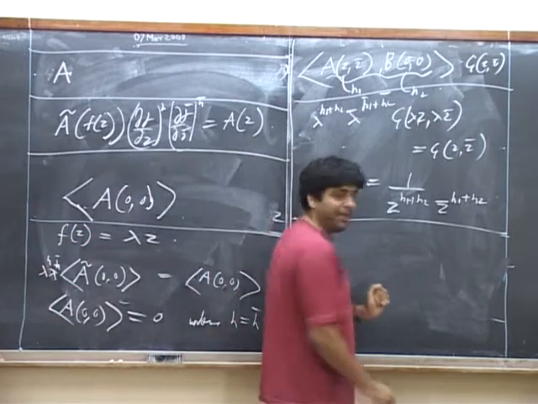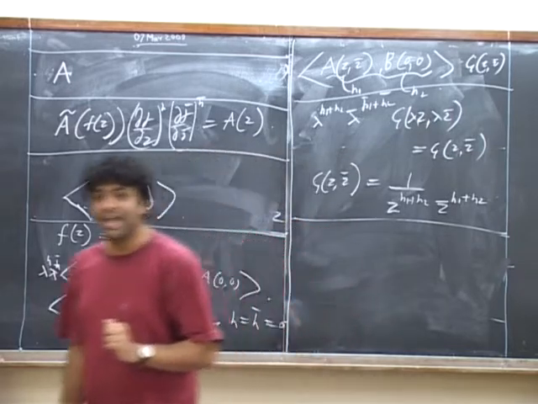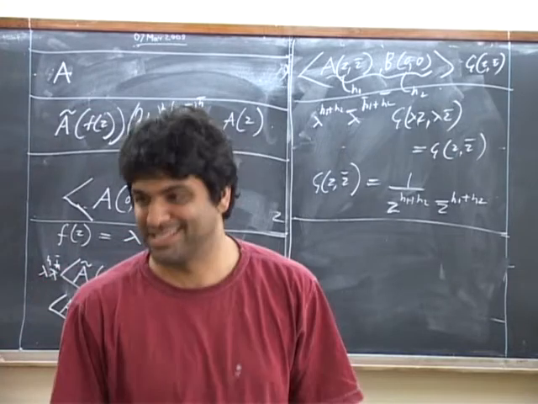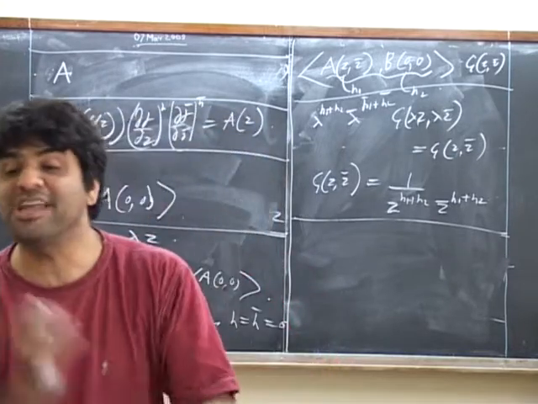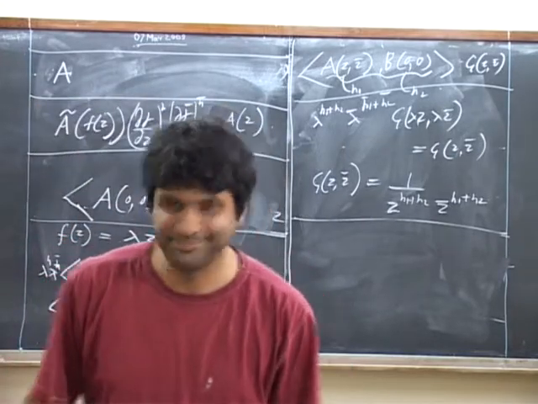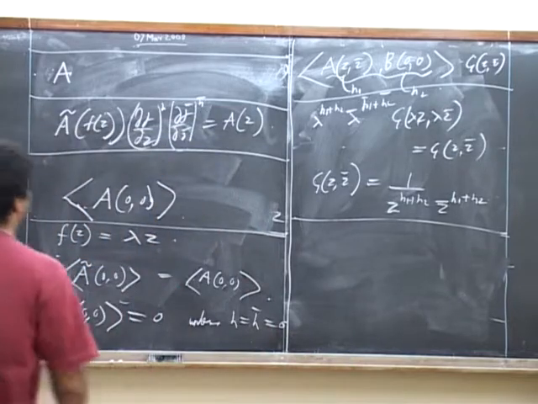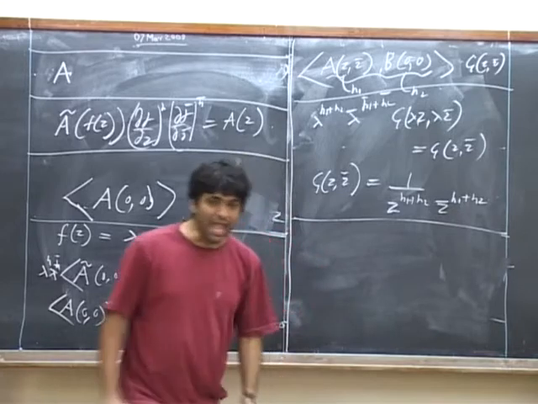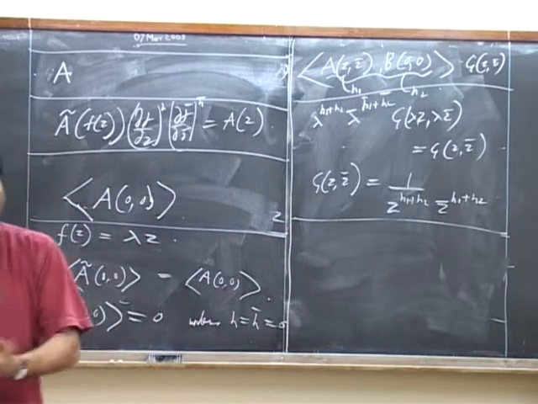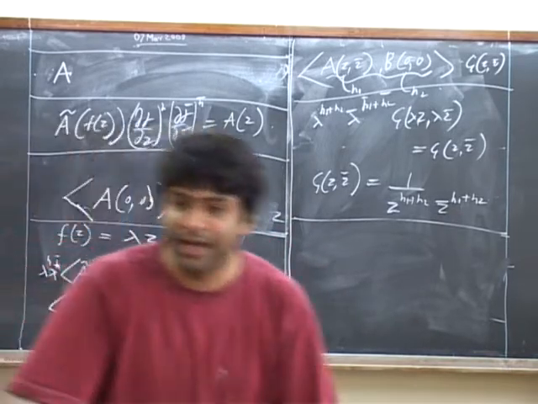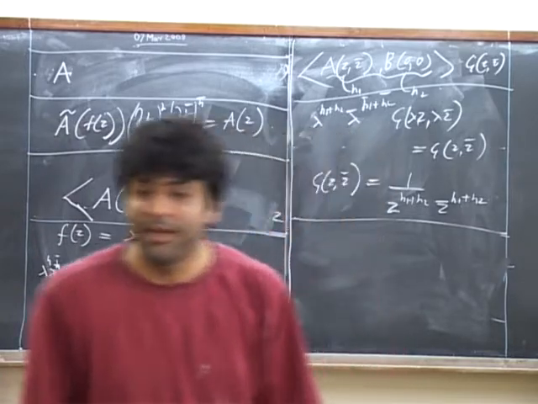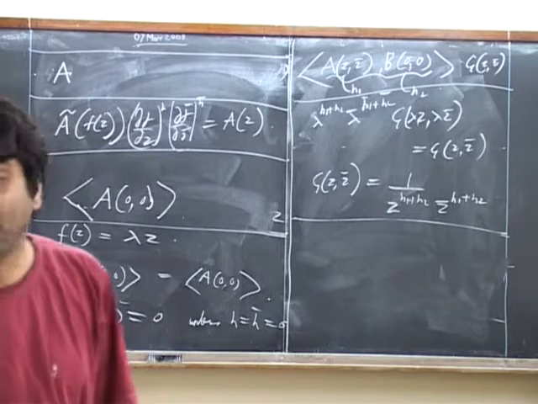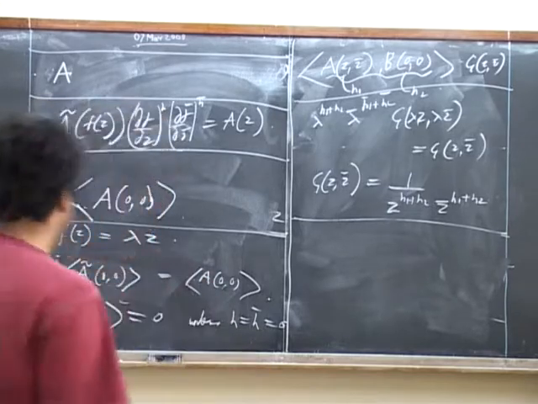In order to do that, we're going to look at conformal transformations that are not just scalings, but an arbitrary SL(2,C) transformation. Let's see if we get any more information about the structure of g from that equality.